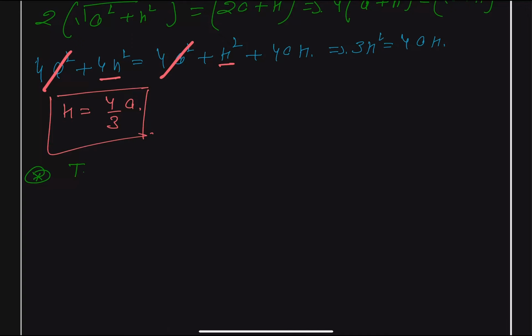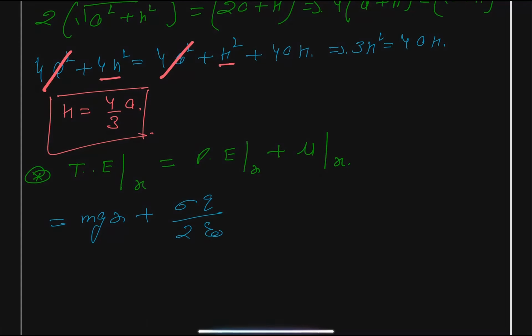So total energy at point x will be equal to potential energy at x plus electrostatic potential energy at x, and this will be equal to mgx plus q upon 2 epsilon naught, and this comes as our square root of a square plus x square minus x.